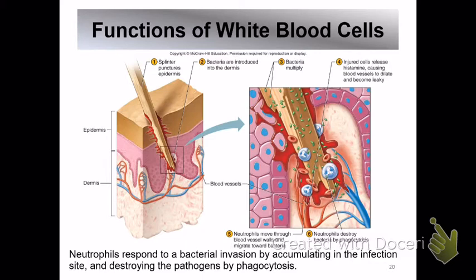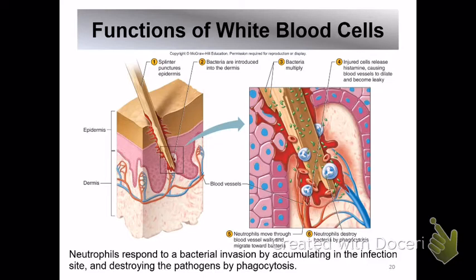Okay, so this is just showing you the pictures. Neutrophils do respond to the bacteria. They're the first ones to get there, right? They run to the infection site. So looking at this picture, you get a splinter. Okay, the splinter is covered with bacteria. The bacteria is green, so the bacteria are there. Now start on 4.